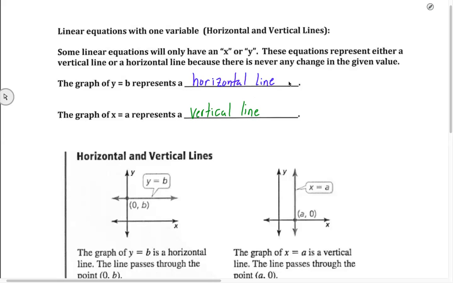Well, a horizontal line is y equals a number, y equals b. So we just put a dot at that number on the y-axis, and then we draw a horizontal line. That's it. For a vertical line, we put a dot on the x-axis and just draw a vertical line. Annie, does that make sense to you? Pretty simple, right? Y equals horizontal, x equals vertical.